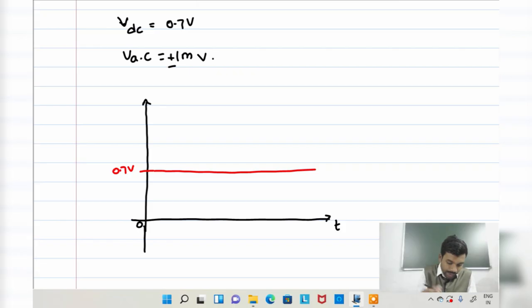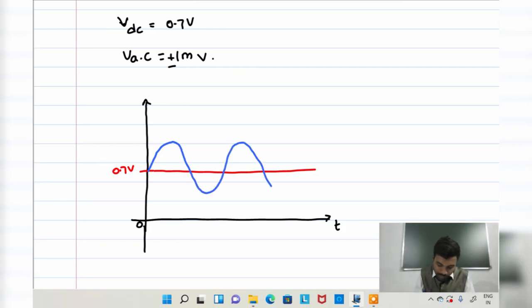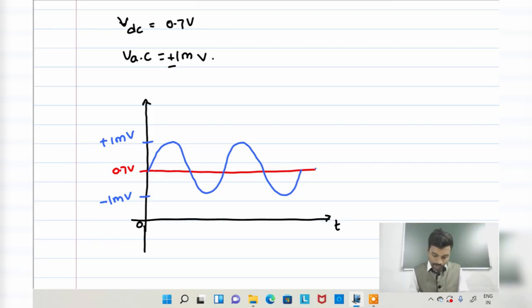In case of AC, after shifting by 0.7, this is the voltage waveform, with plus 1 millivolt here and minus 1 millivolt here. This is for DC, this is for AC, and this is the output voltage V0. This is the voltage waveform across the silicon diode.